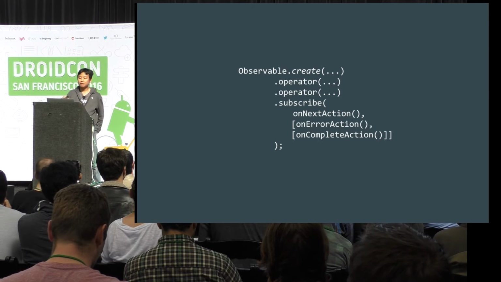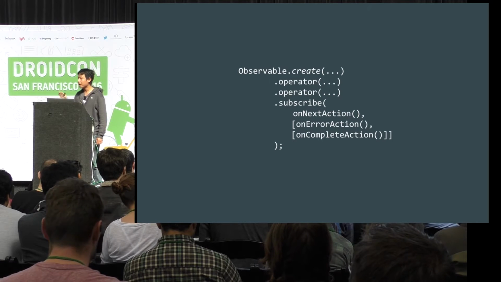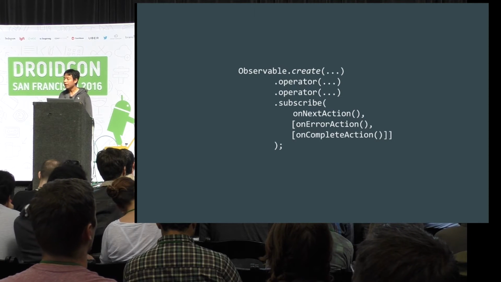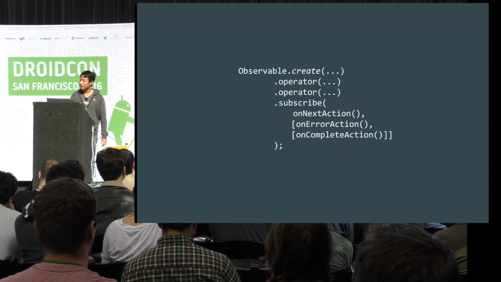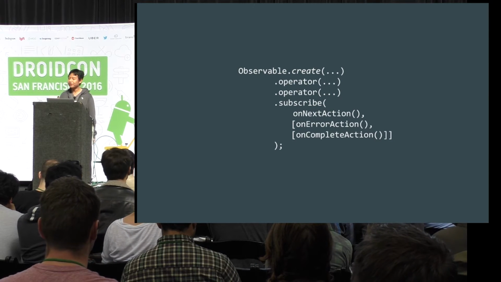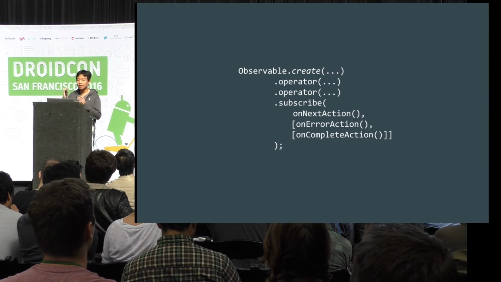Normally people only implement on next or on error. I would recommend you implement on error even if it's just logging. Because in Android, if you don't implement it, no matter how confident you are with your code, it will crash the application.